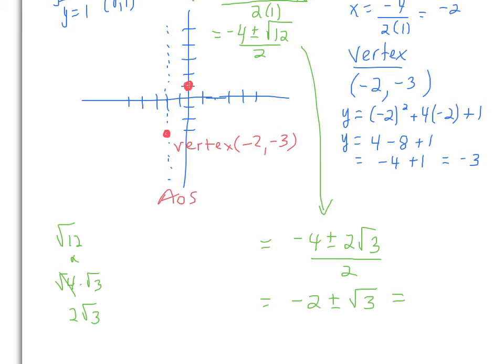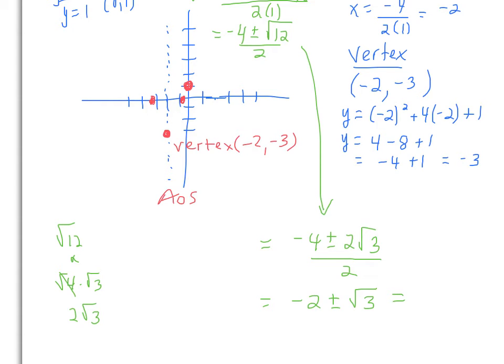If we do the positive version, -2 plus 1 point something, that's going to get us closer to 0. And if we do -2 minus the square root of 3, so -2 minus 1 point something, that's going to be a little less than -3.